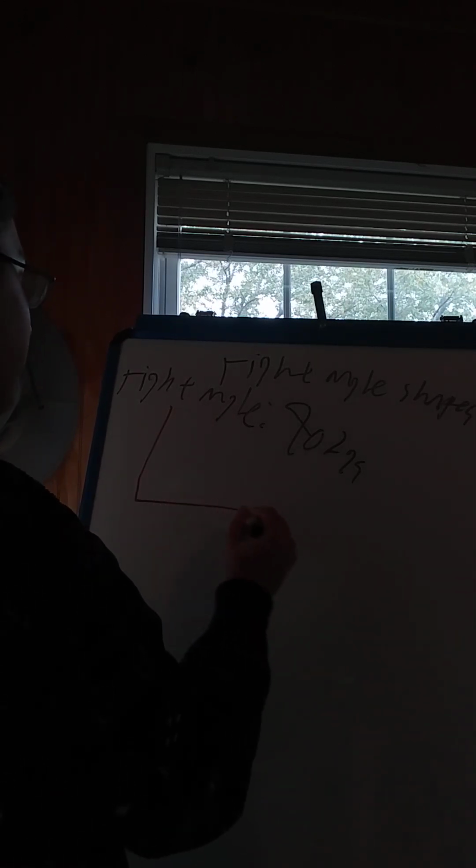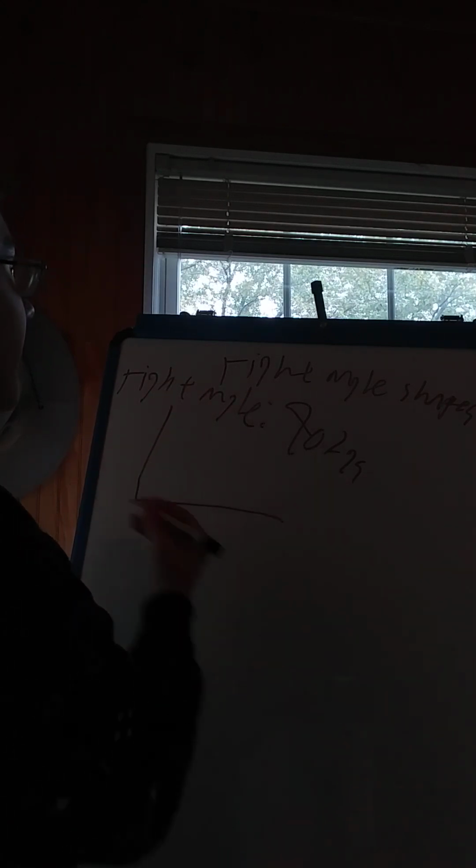Now let's look at this model here. So you have a vertical line, a horizontal line here. I feel like I could do better with that one. Let's do that one again.